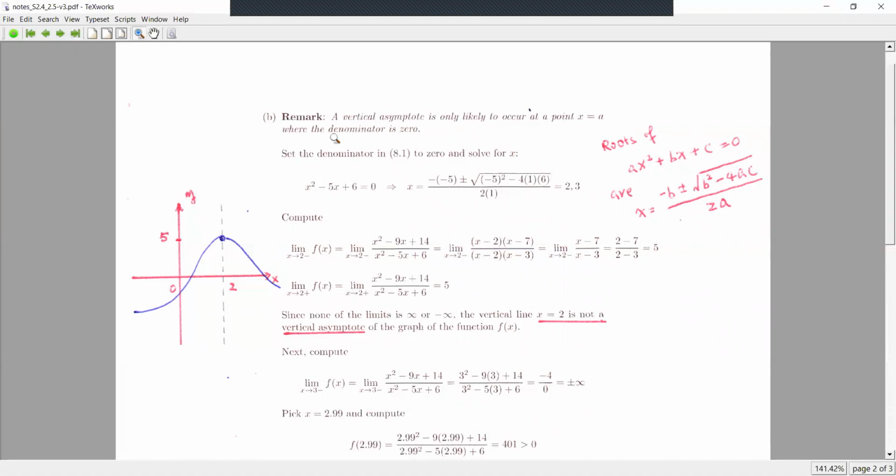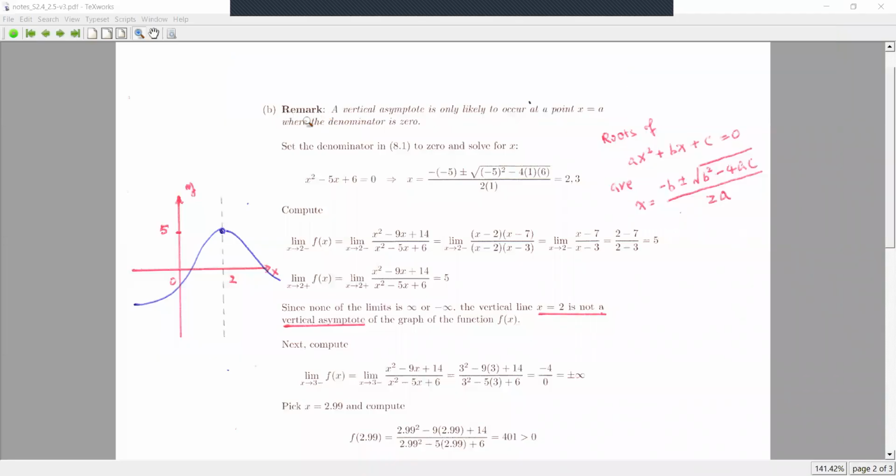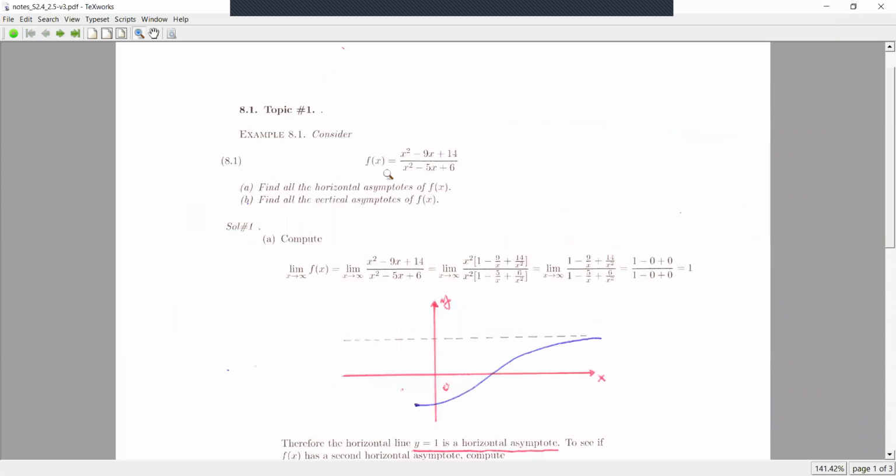Because only when the denominator is 0, the function is likely to be infinity. Because of this remark, we set the denominator of the function to 0. The function is this. Set denominator to 0.